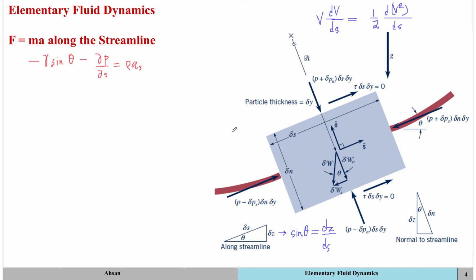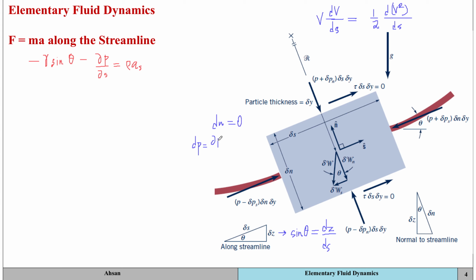The third thing is that along the streamline, the value of n is constant, which means that dn is equal to 0. And what was n? N indicates the normal to the streamline. So when we were looking at, let's say, pressure, the change in pressure was dependent on the component of pressure along the streamline.